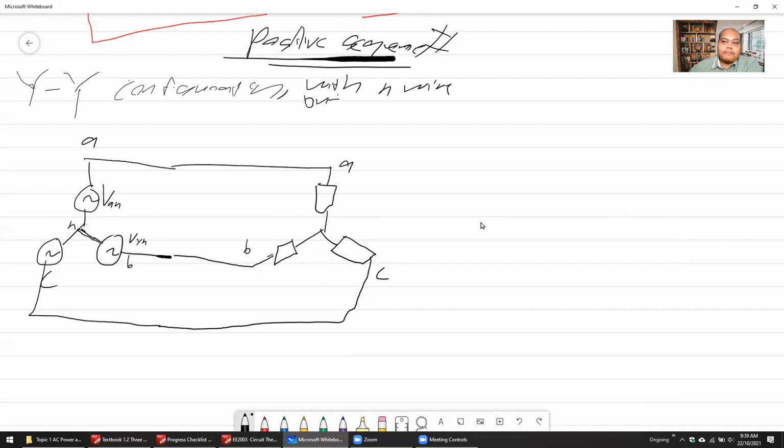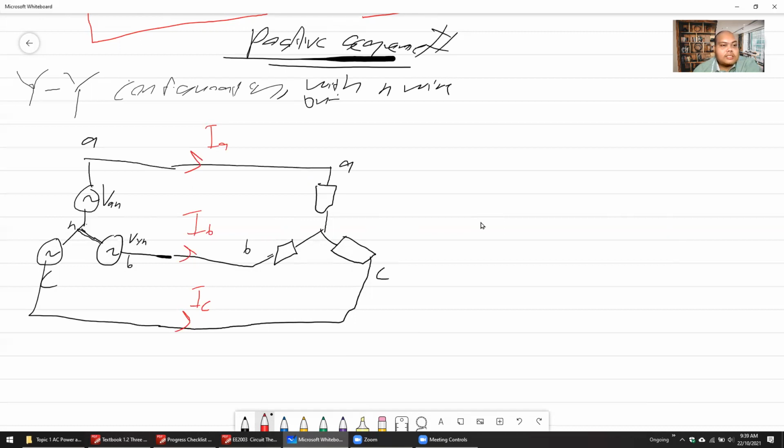How about the current? For the current, it always goes from the source to the load. This one is IA because it is A from A. This one is IB. This one is IC. So that is how you draw the current. And how about the voltage?